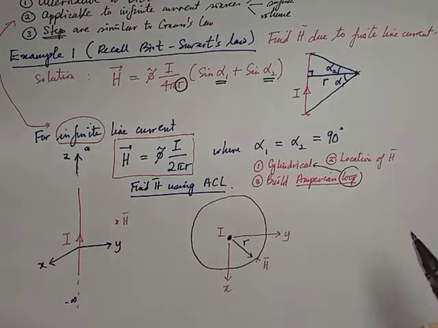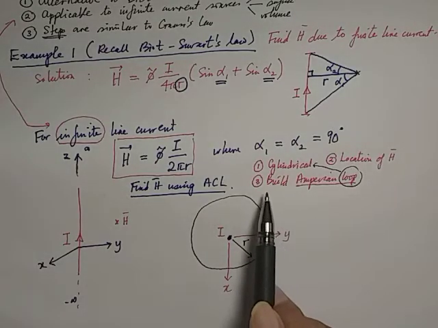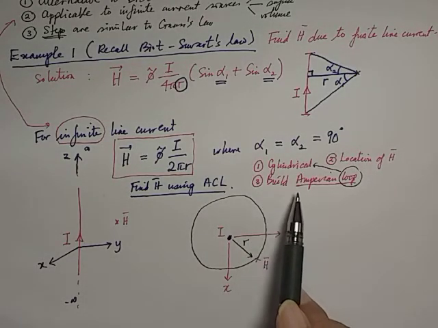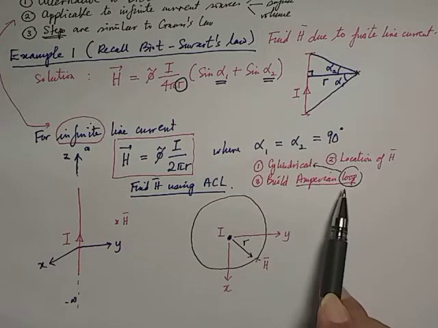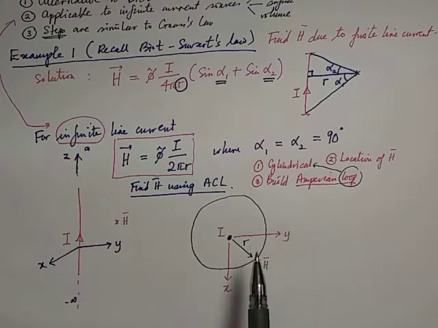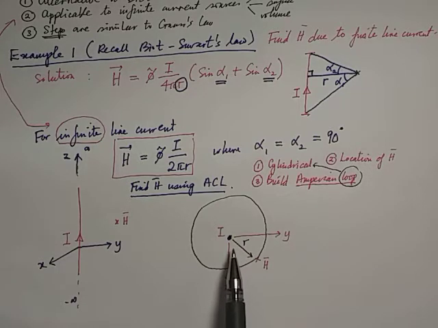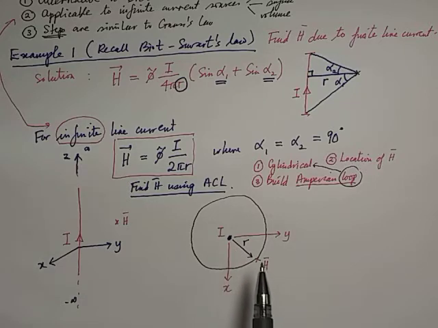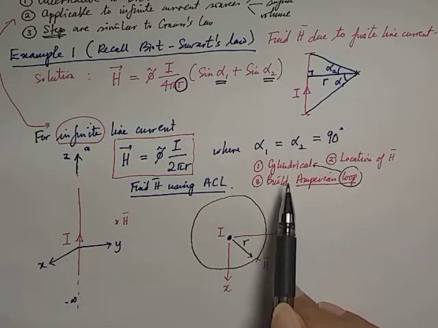Okay, so that should be step number 3. Building a proper Amperian loop. How do I do it? Redraw the problem such that the current is shown as only coming out or going into the page. Then I draw the loop based on the coordinate system that I chose earlier.